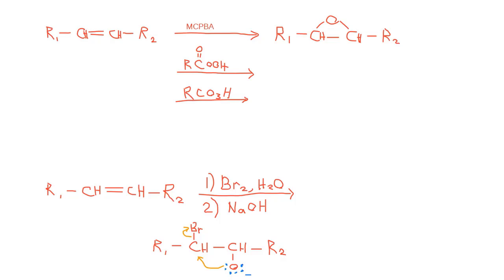So let me draw what this would look like. It'd basically be the same thing. And because the mechanism is a bit different, because you do end up getting anti-addition versus syn addition, there's a different stereochemical configuration in your final product here.